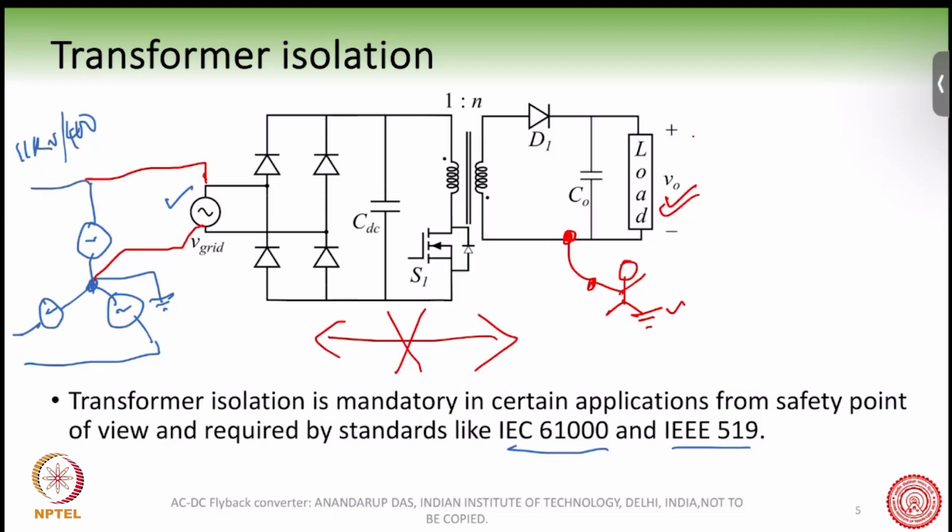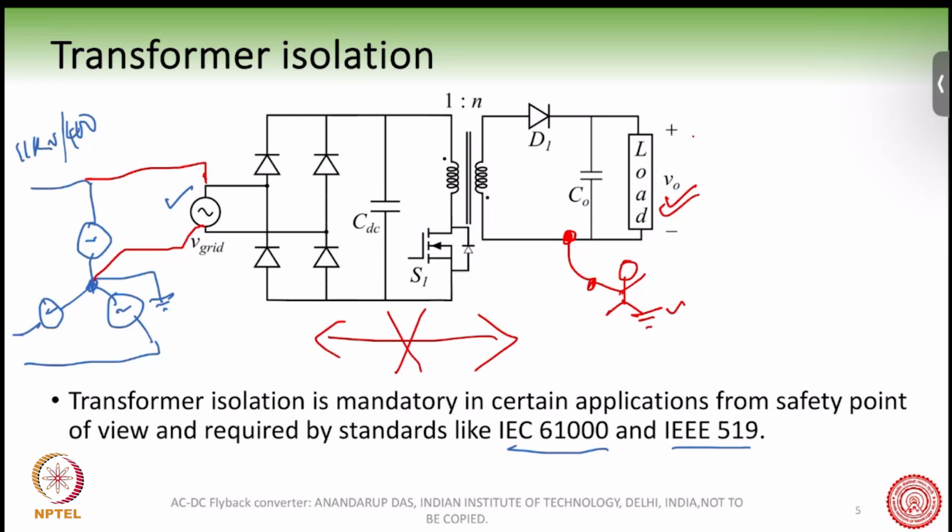Ideally, you should not get any shock, because there is no path for the electric current to flow because of the transformer. So this is one of the very important uses of transformer isolation, because it gives safety to the user.